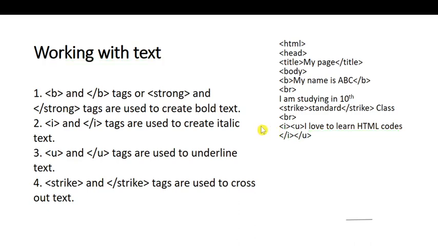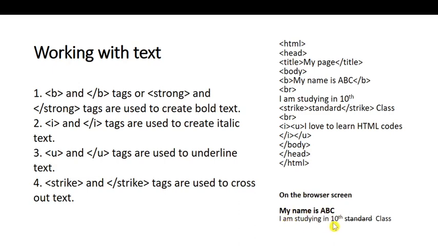So this is how we write the source code, with the closing tags for head and body, and this is how it appears on the browser screen. See, my name is ABC in bold letters.